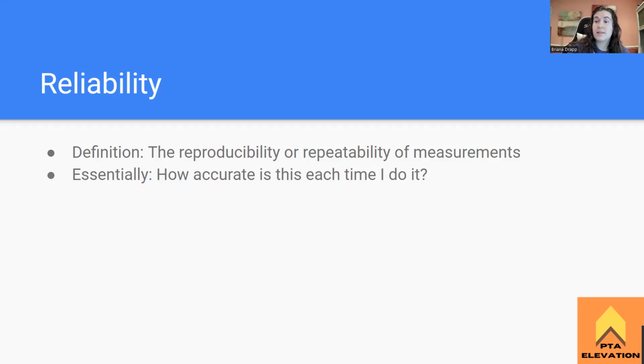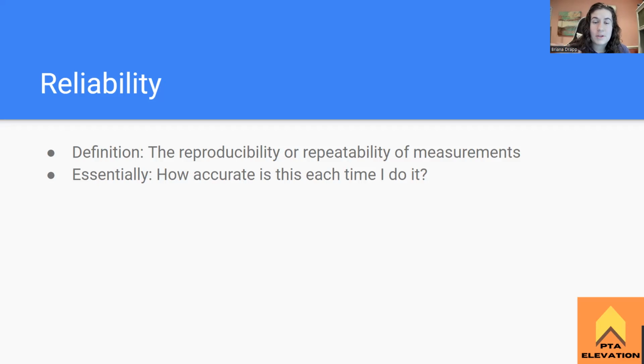Essentially, I can administer the TUG test on a patient for their reevaluation, and at discharge, a different PTA or PT can administer the TUG test again. And we can see that it is a reliable test that is accurate at measuring what it's supposed to. Essentially, this is measuring how accurate it is each time that I do it.